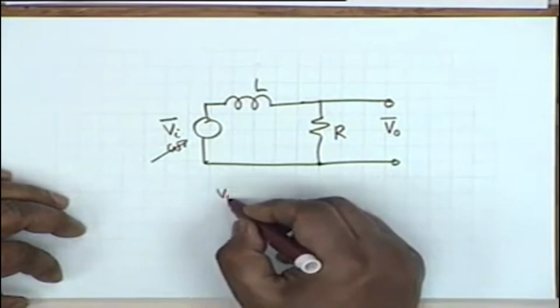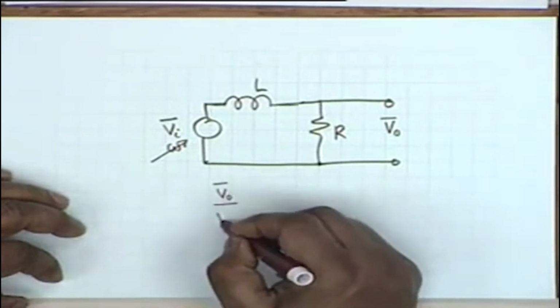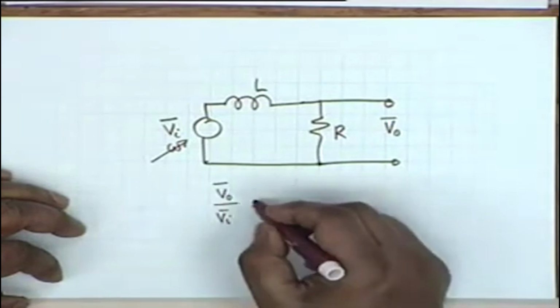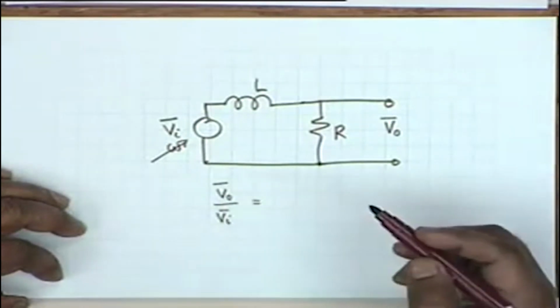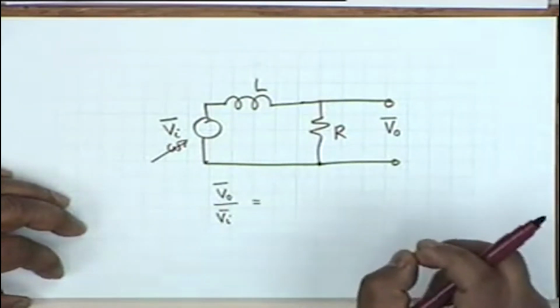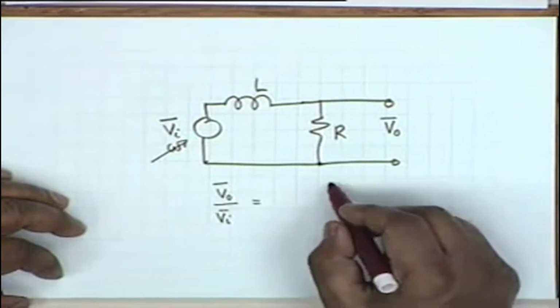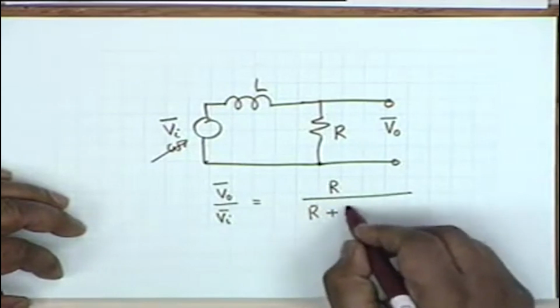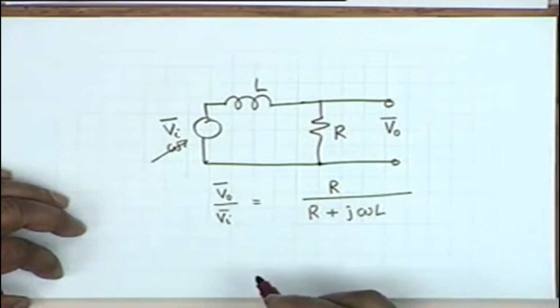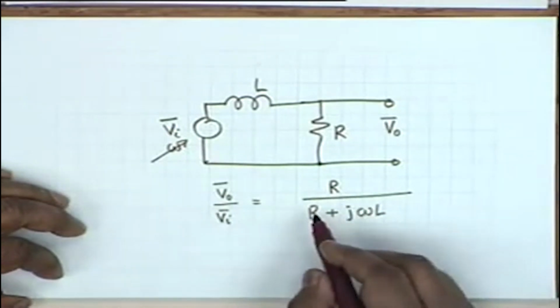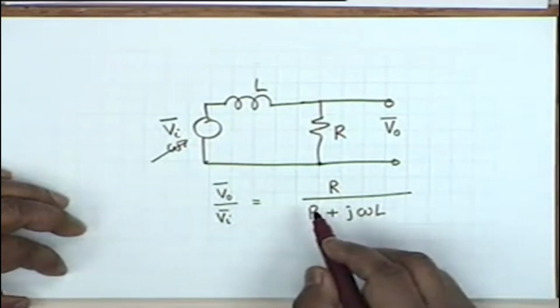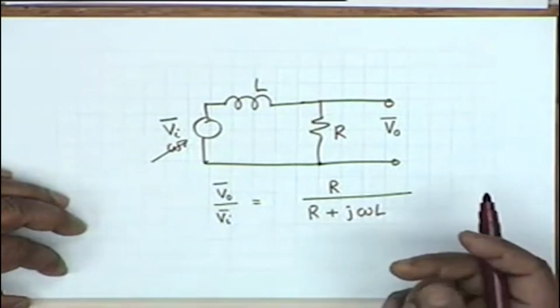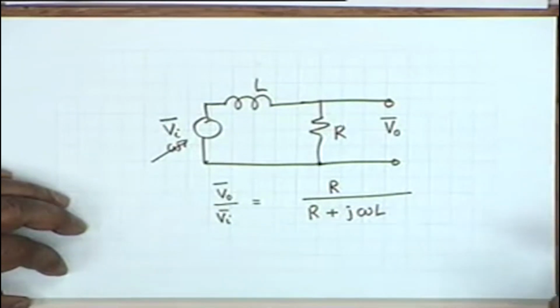Then you see V0 over Vi would be simply, phasors can be treated in exactly the same manner as DC voltages, and therefore this would be R divided by R plus j omega L. Alright, this is the transfer function. A transfer function is the ratio of the desired quantity to the source quantity or the excitation.